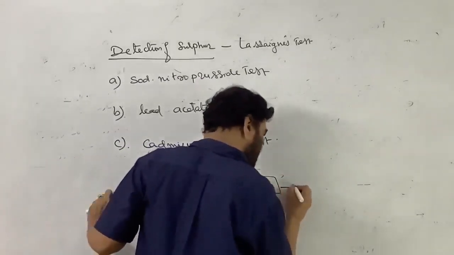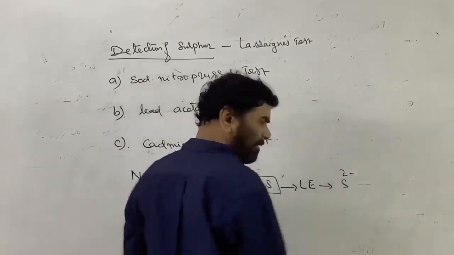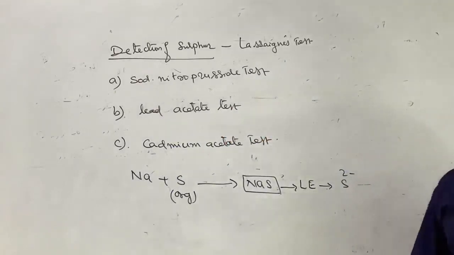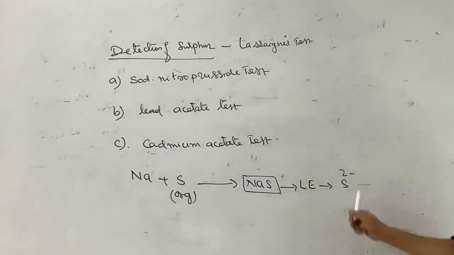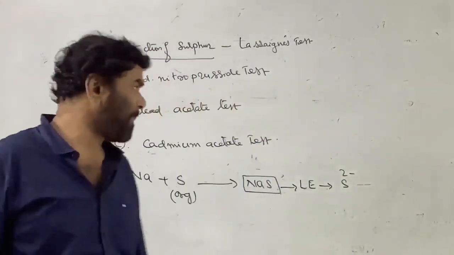Sodium sulfide is soluble in water and dissociates to give sulfide ion and sodium ion. So the Lassaigne's extract contains sulfide ion. Now we have to conduct the test for the sulfide ion.